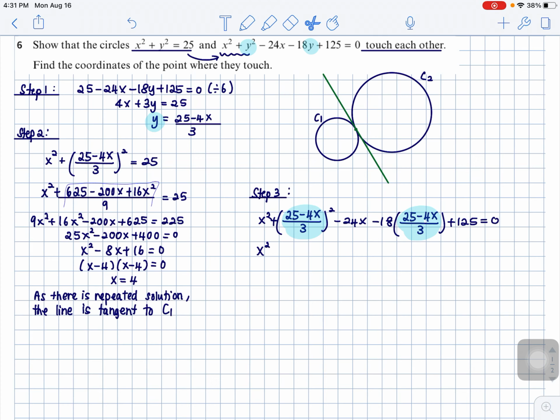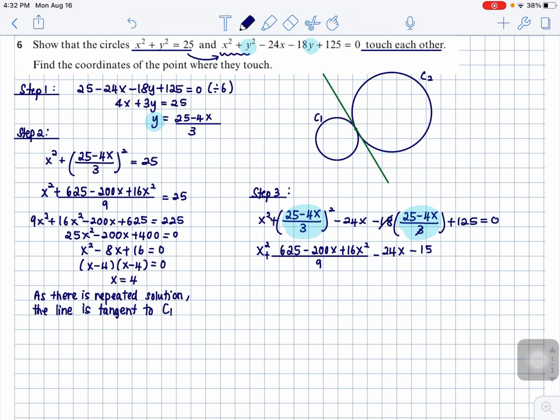Again we will get this. See, you can reduce it by 6. Okay, multiply everything again by 9.